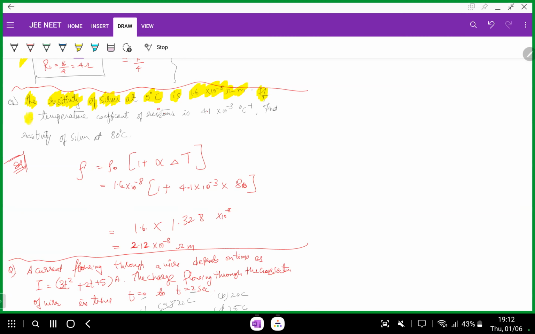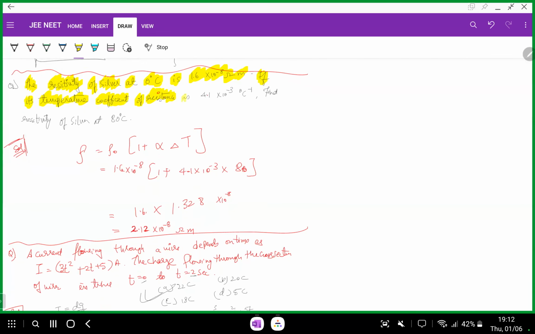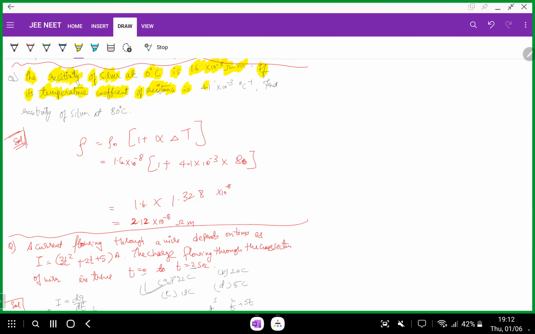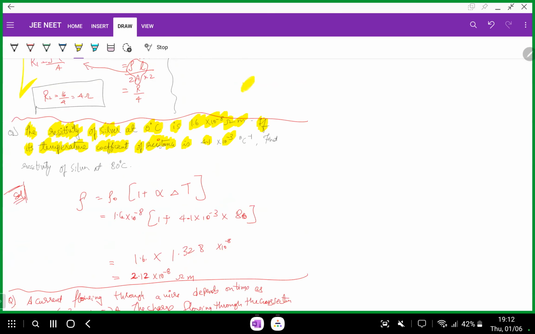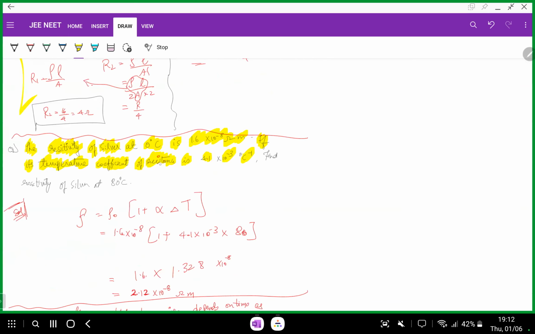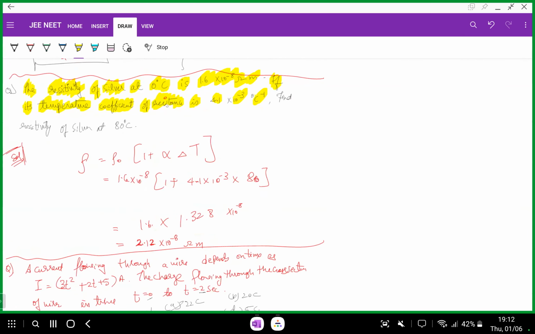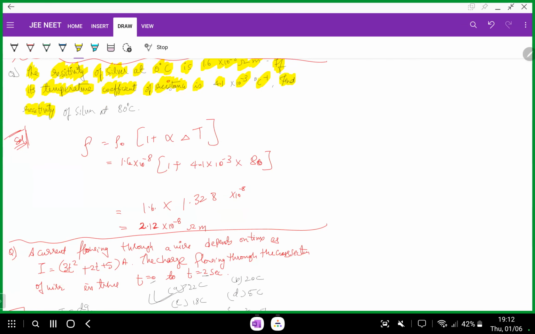If its temperature coefficient of resistance, that is alpha, is 4.1 into 10 to the power minus 3 per degree Celsius, find the resistivity of silver at 80 degrees Celsius.